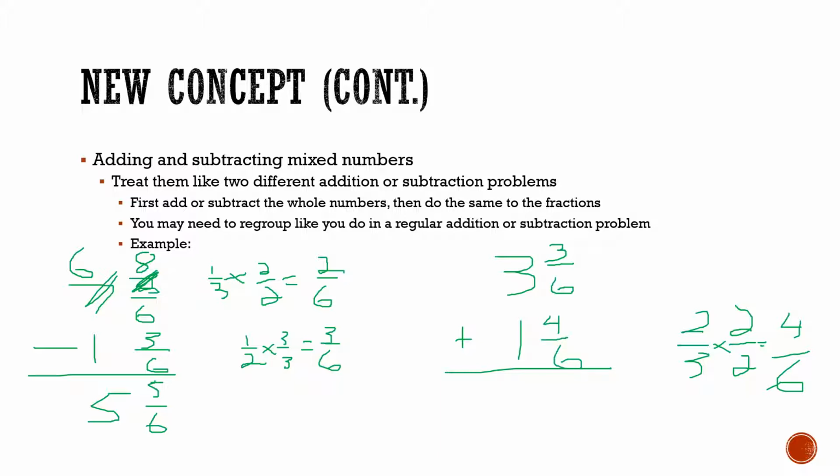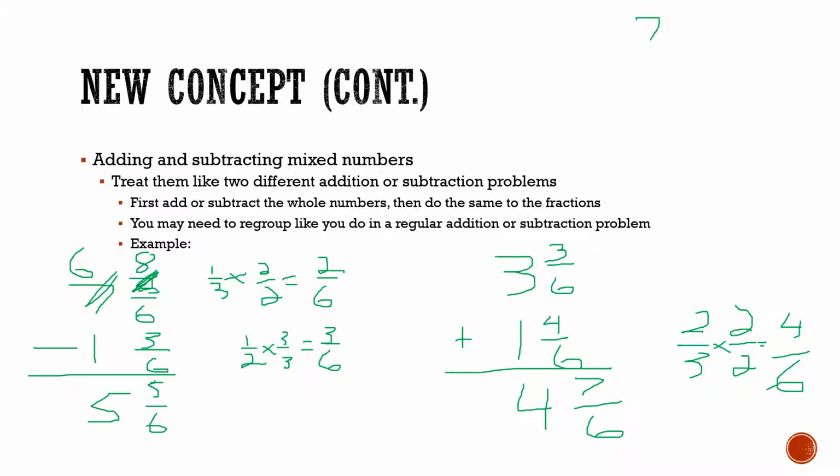So I actually end up with 7/6, and 3 plus 1 is 4. But now I can't leave 7/6 like that. So I'm going to take out an equivalent fraction for 1. I need to take out one whole that has the same denominator as my fraction in my mixed number.